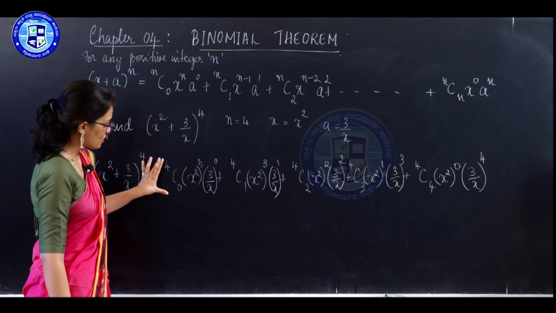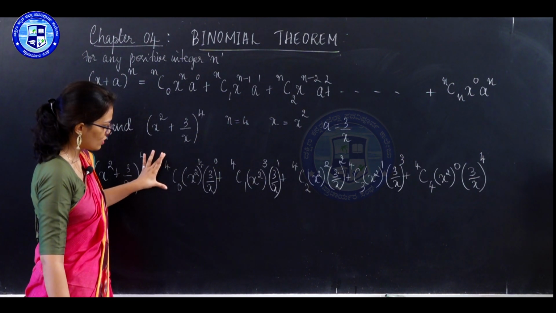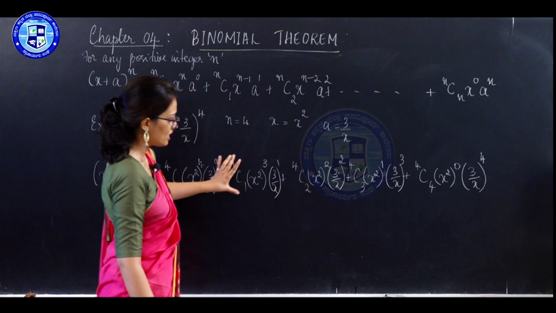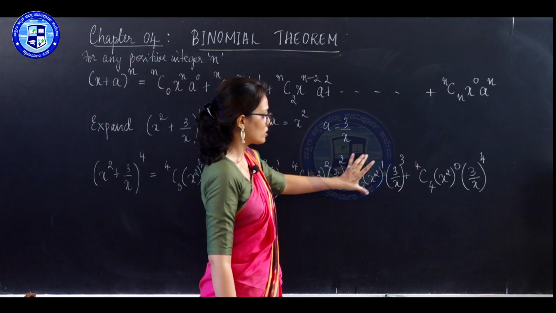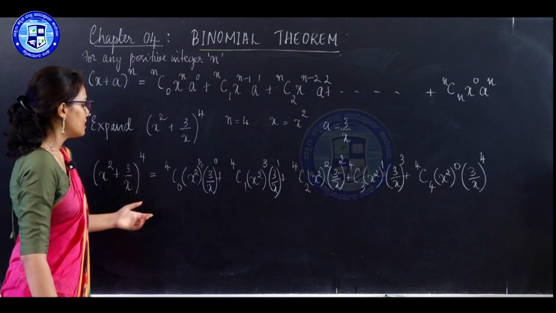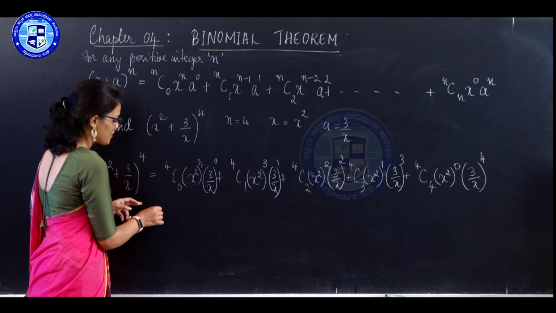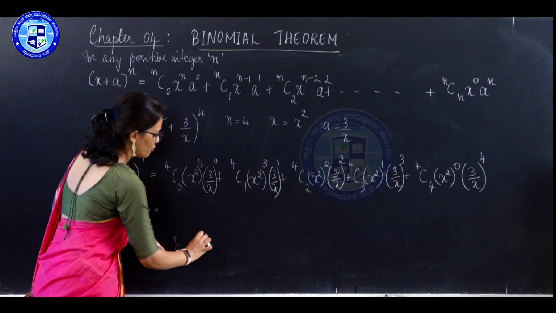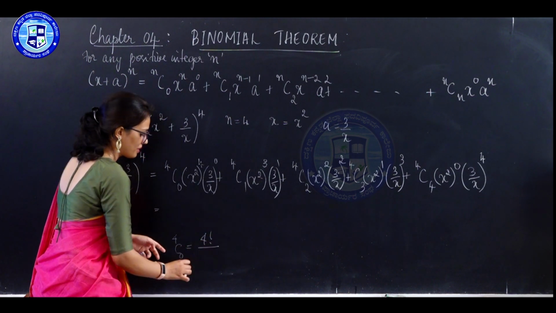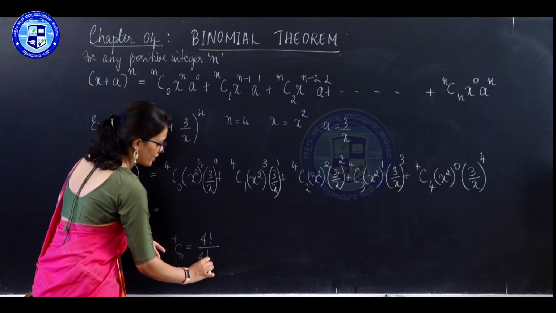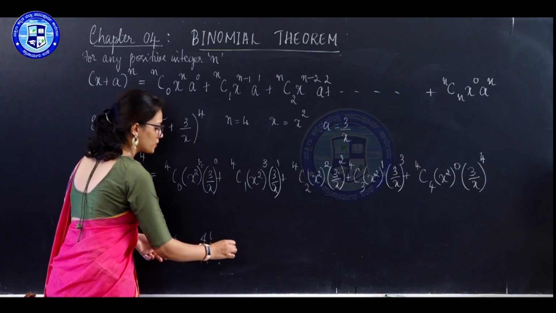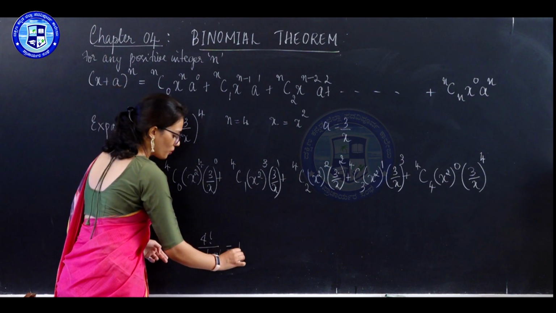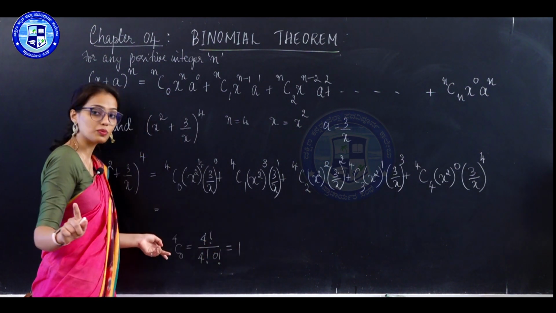Let us now try to simplify this. We need the values of 4C0, 4C1, 4C2, 4C3 and 4C4. We have 4C0 is equal to 4 factorial divided by (4 minus 0) factorial into 0 factorial. So this is equal to 1 because 0 factorial is equal to 1.